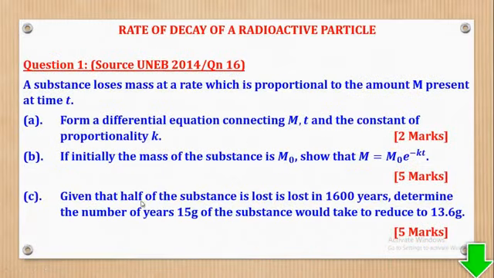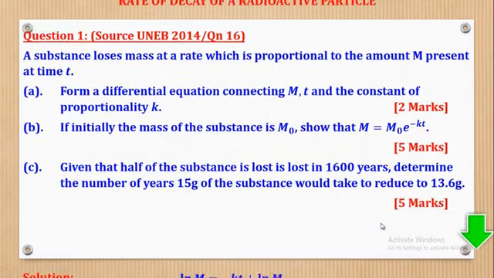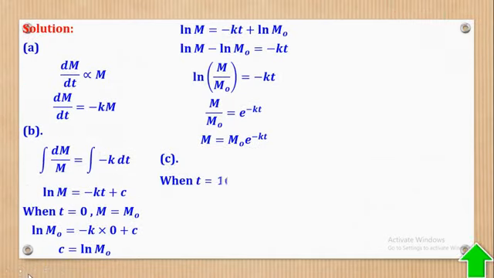Part C is given that half of the substance is lost in 1600 years. Determine the number of years 15 grams of the substance would take to reduce to 13.6 grams. So when t is equal to 1600, m is equal to half m naught.